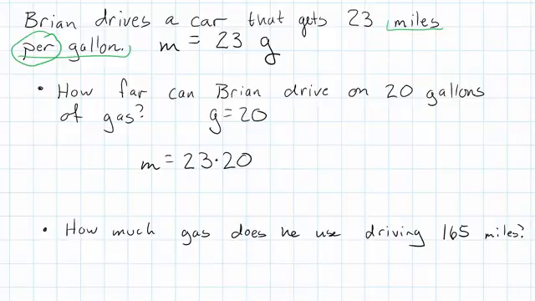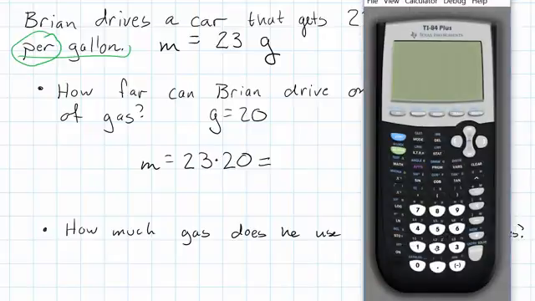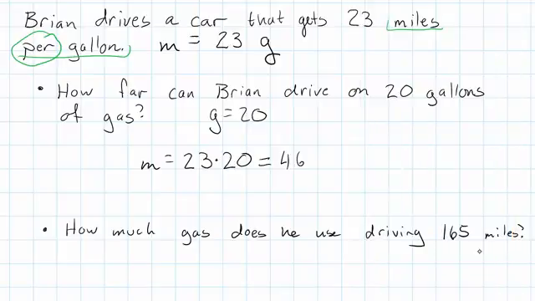Okay, that's easy, right? No algebra involved, just arithmetic. 23 times 20 is 460. So Brian can drive 460 miles.